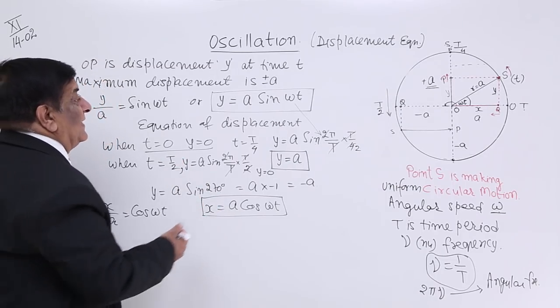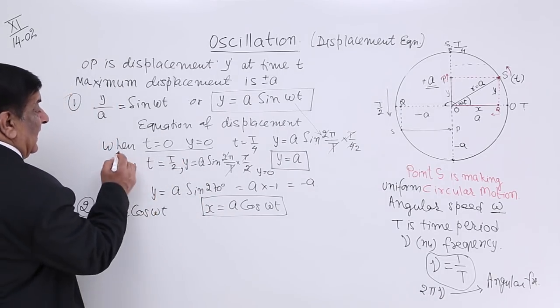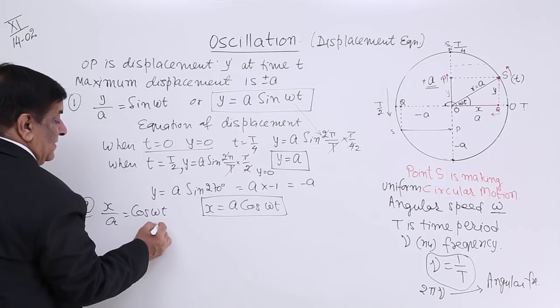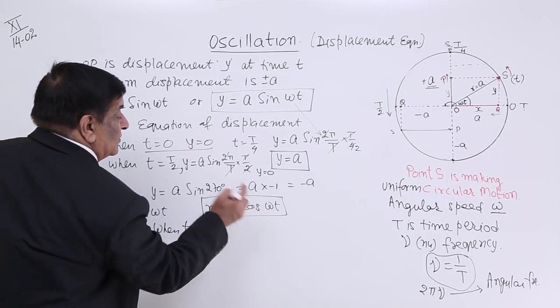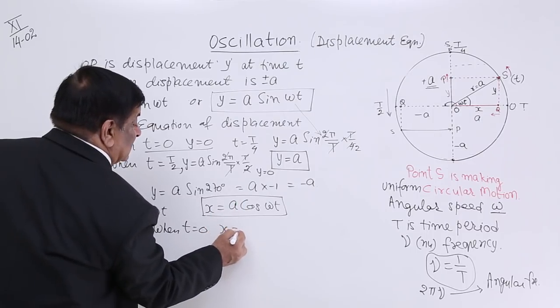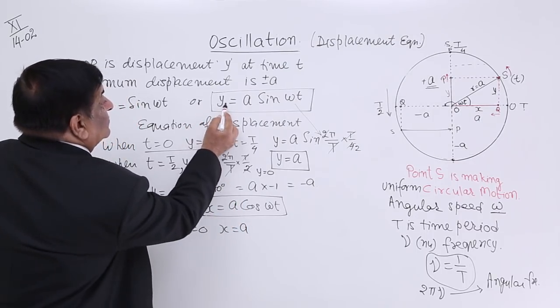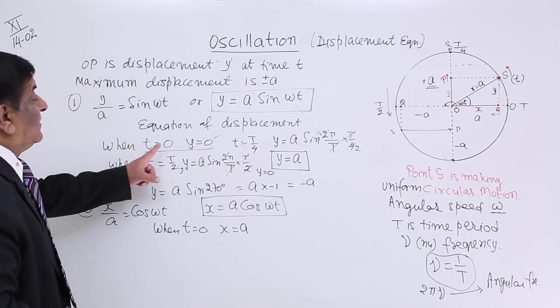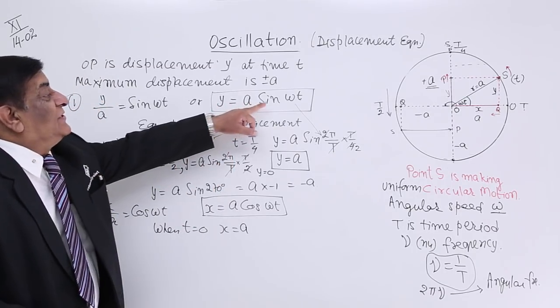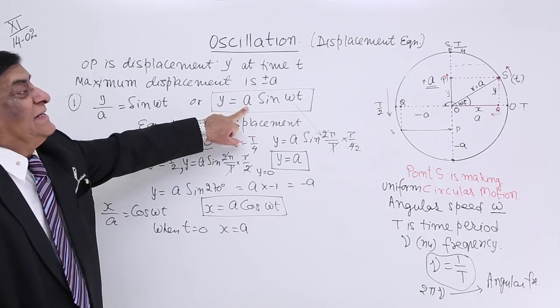See here, when time is equal to 0, cos 0 is equal to 1, so x is equal to a. What was y equal to? 0. When time is equal to 0, this equation says the displacement is 0.